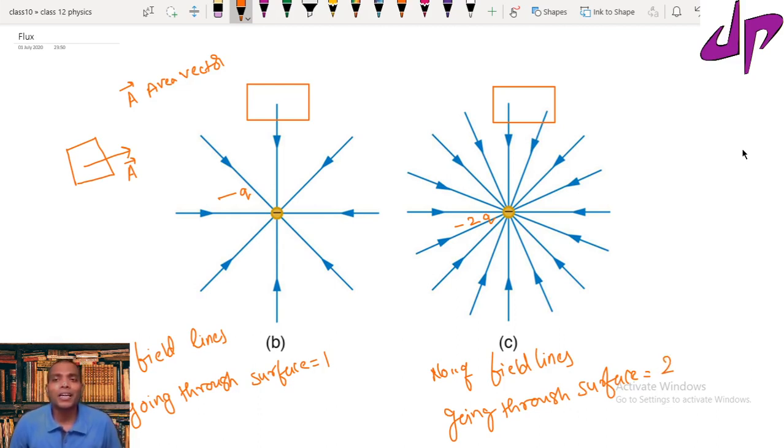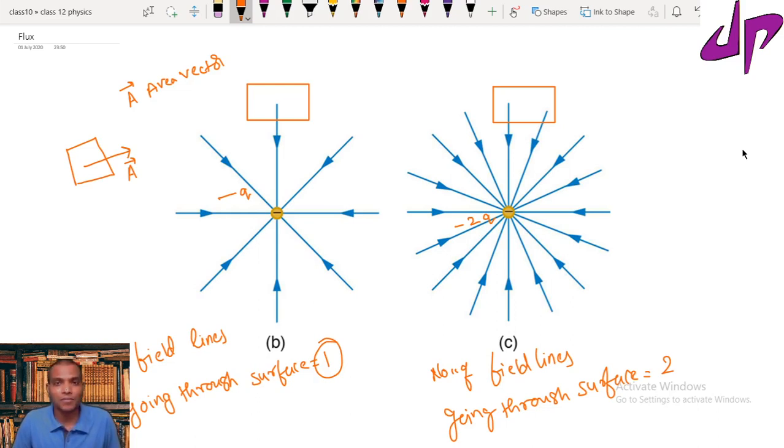Now how can I define the electric flux? Electric flux is nothing but a number. Flux is a number. The number of field lines passing through a given area is defined as electric flux. It's a scalar quantity.